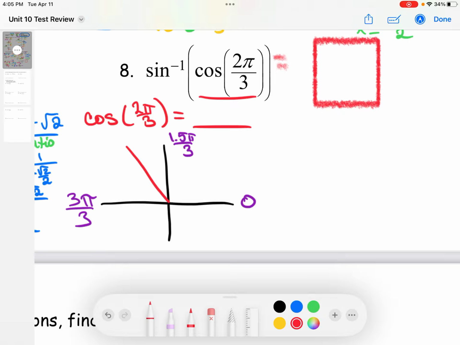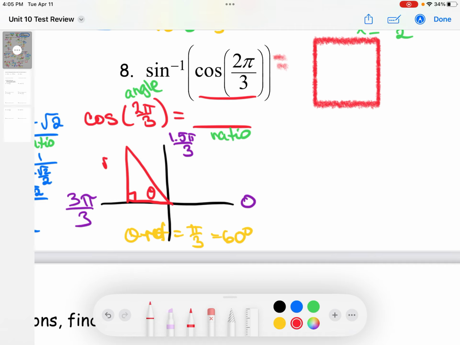Draw the angle into the quadrant, perpendicular to the x-axis, one leg on the x-axis, theta at 0, 0. This 2 pi over 3 is an angle, so cosine of it will be a ratio, with that reference angle being pi over 3. That is 60 degrees.